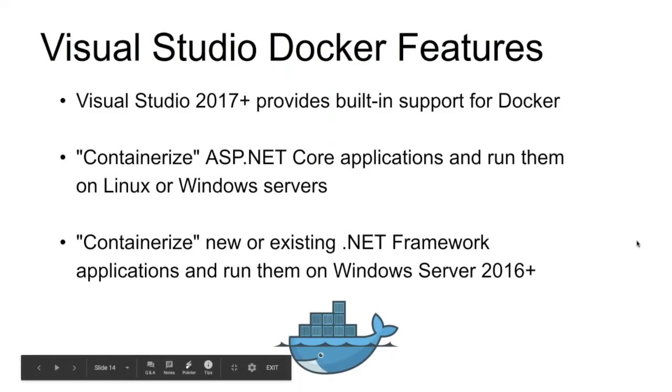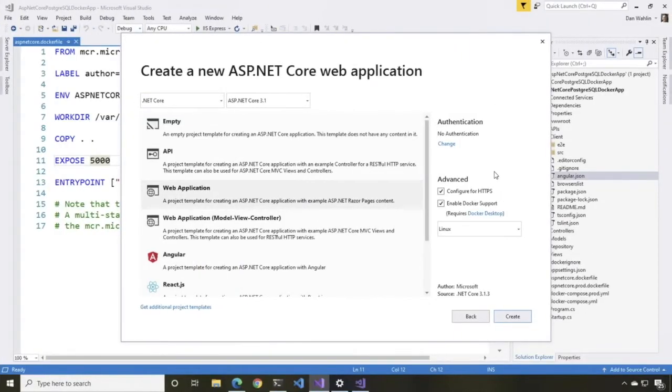Now, let me jump over real quick to my Windows side here. And I've already created, at least got to the start screen for an ASP.NET Core 3.1. This would be a Razor Pages app, or we could do MVC. And you'll notice right here, take a look at that, enable Docker support.